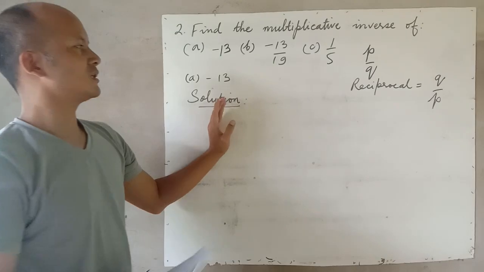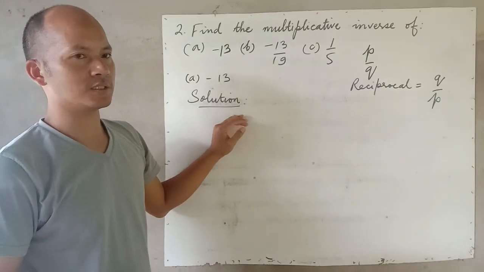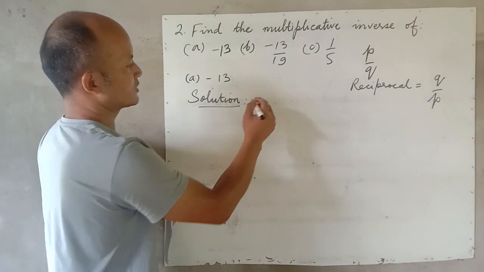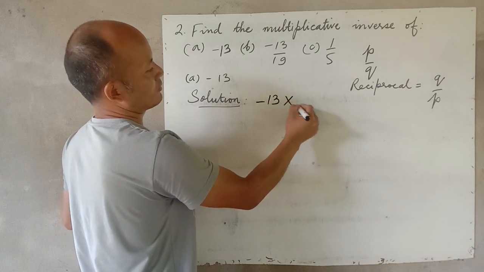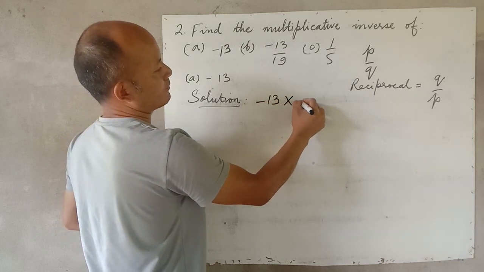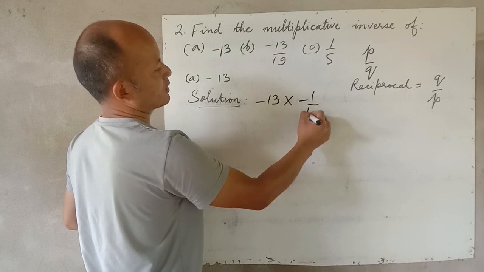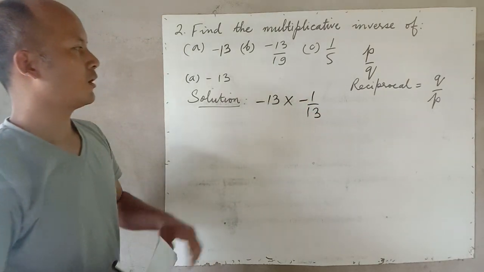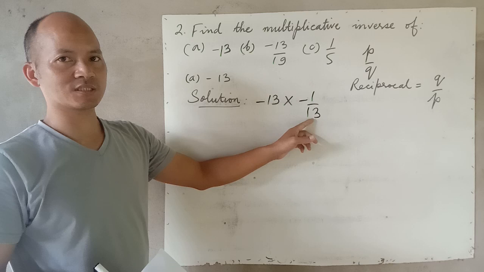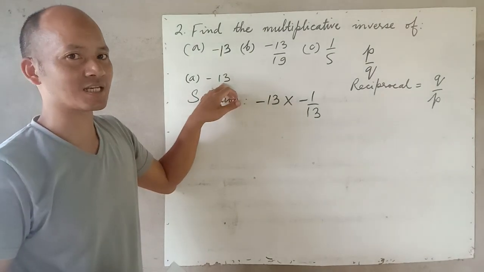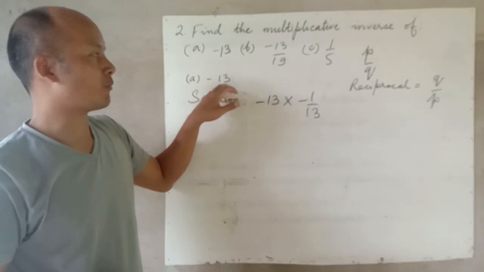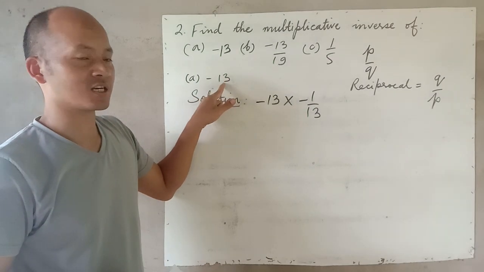So in this case also, the multiplicative inverse will be like this: 1 by minus 13. Why do I write minus 1 by 13, you may ask. As I have already told you, minus 13 is in the form of minus 13 by 1.